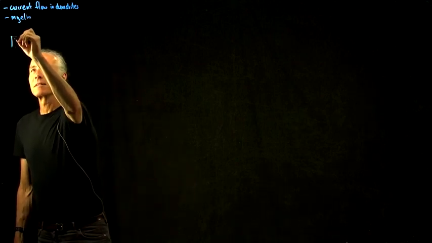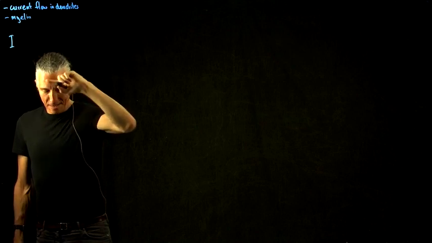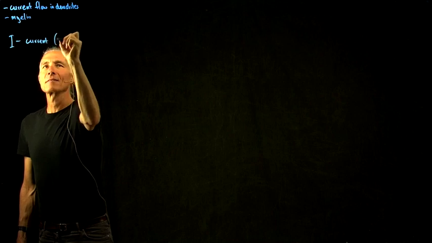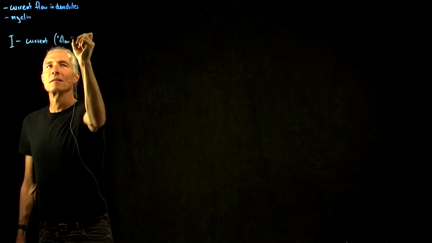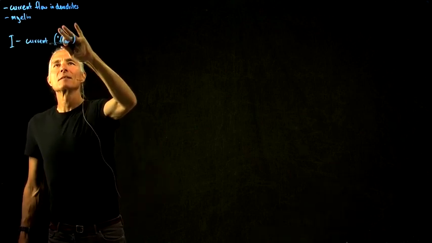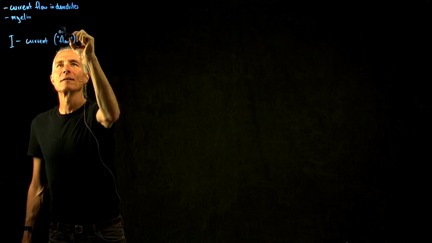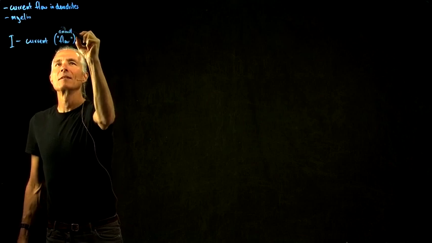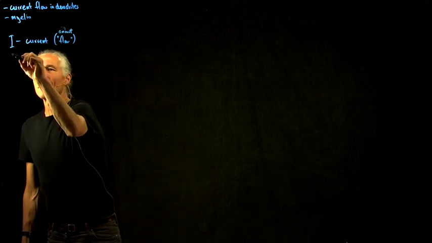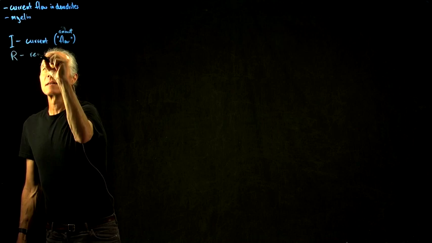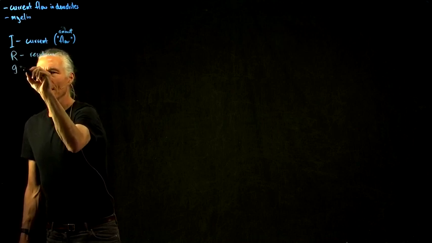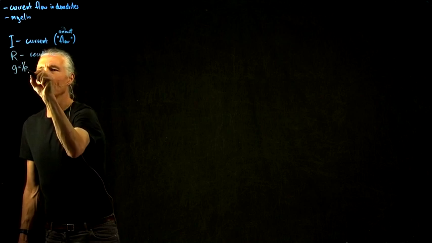Let's put up some of our definitions of the symbols. The first thing is the current, and you can think of that like flow, amount of flow. It's the amount of water, amount of electrons, amount of flow. Then we have the resistance. But normally when we talk about channels, we talk about the conductance, which equals 1 over the resistance.